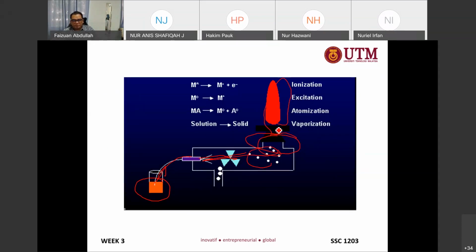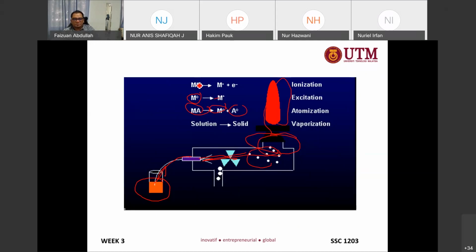Then our sample will become atoms. If we have a molecule initially, the molecule in the sample will break into single atoms. Then the single atom will be excited, because it absorbs a lot of energy.